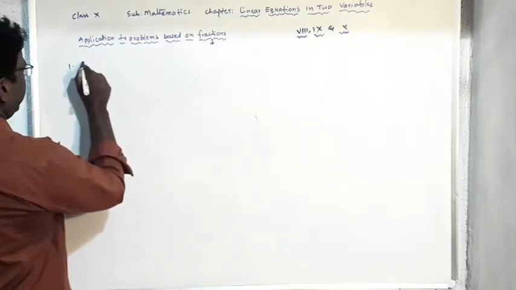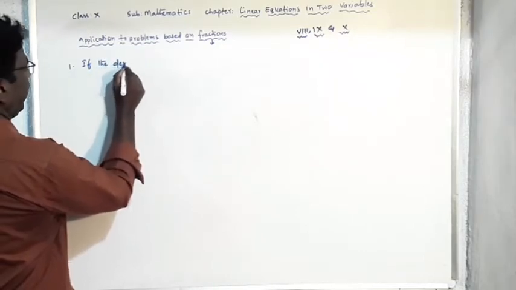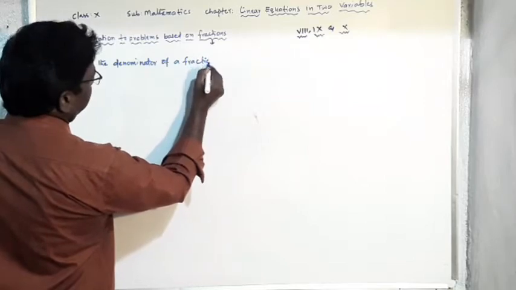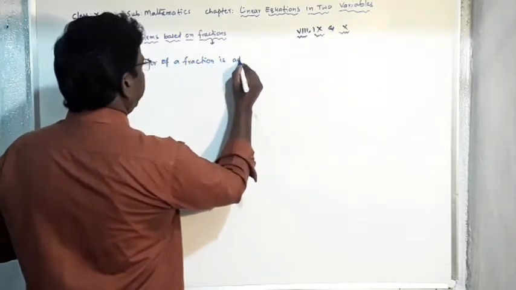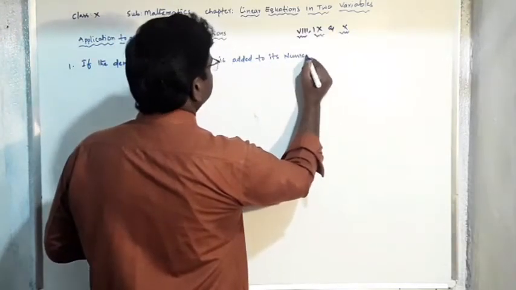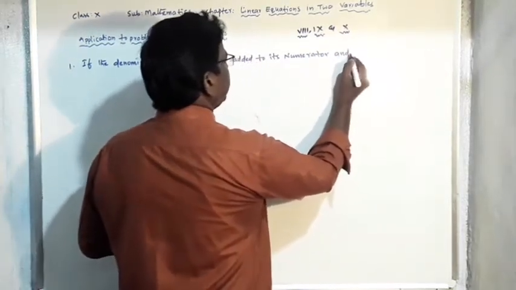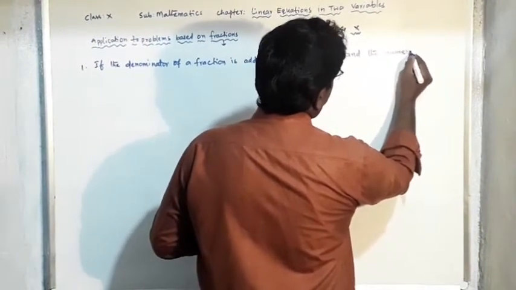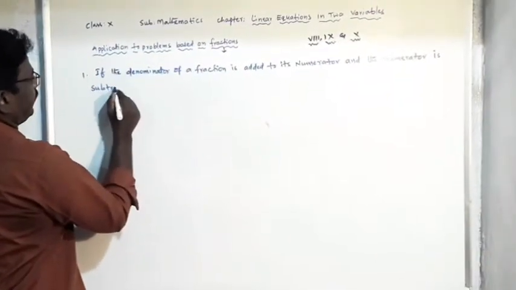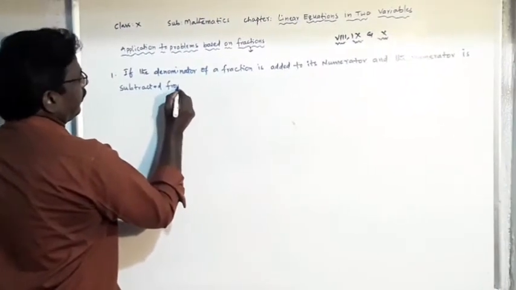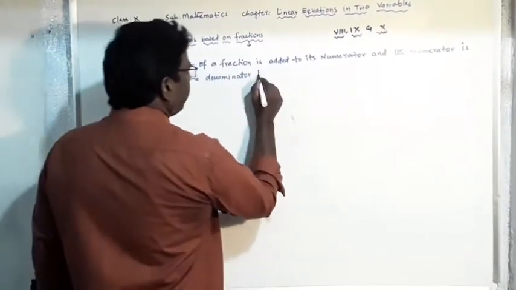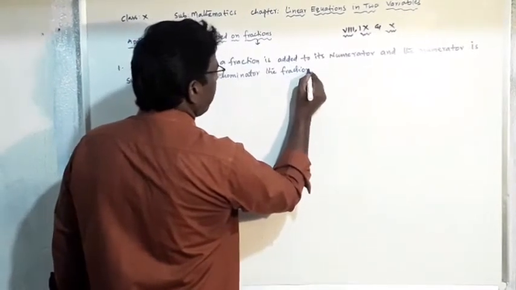If the denominator of a fraction is added to its numerator and the numerator is subtracted from the denominator, the fraction becomes 11/3.